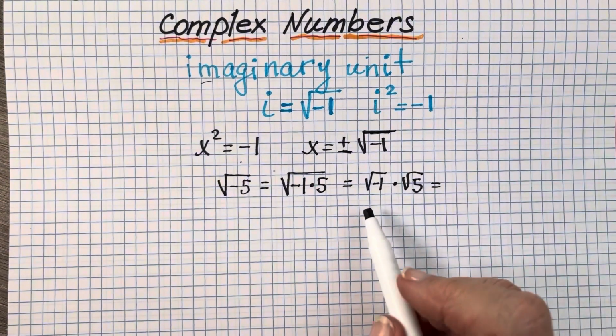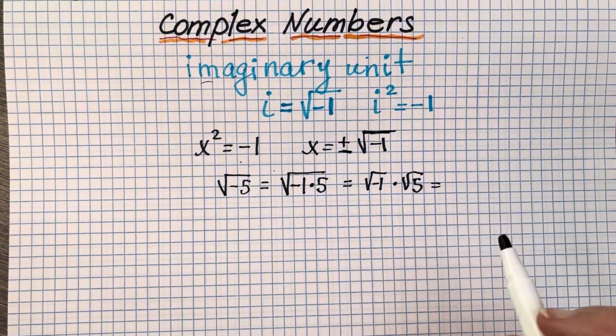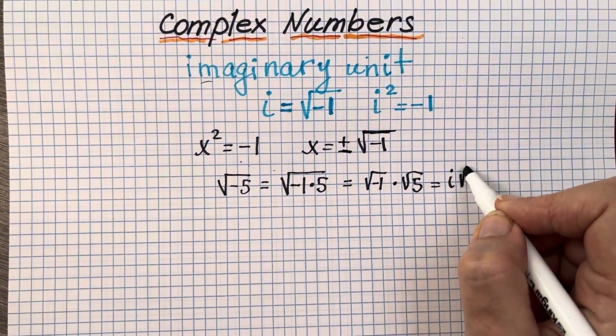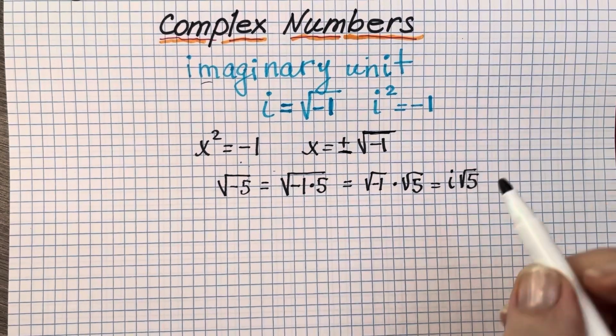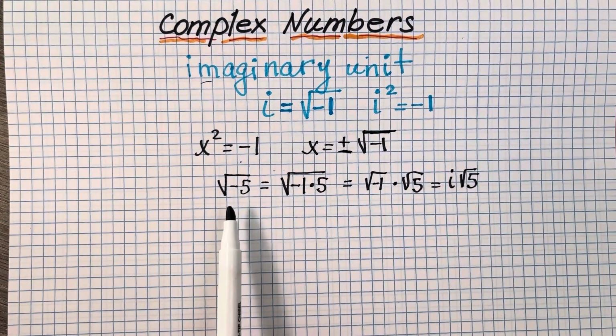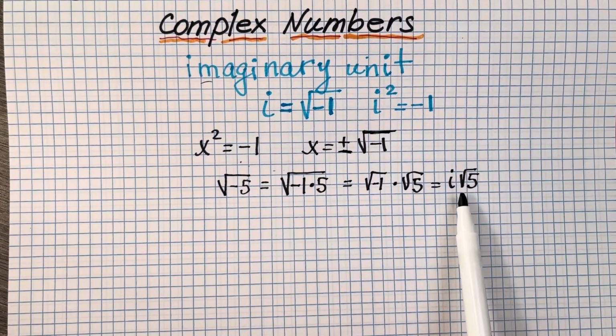By definition, the square root of -1 is our imaginary number, and we can write that the square root of -5 we can always rewrite as i square root of 5.